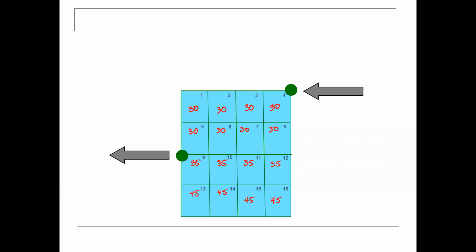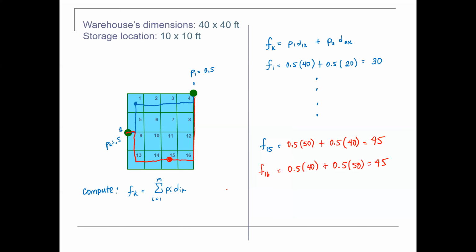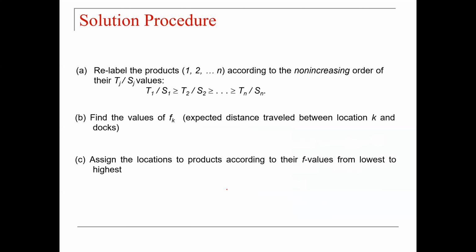So now that we have that information and following this algorithm, we just completed part B, find the values of FK for all the locations. And now we are going to assign the locations to products according to their F values from the lowest to the highest.